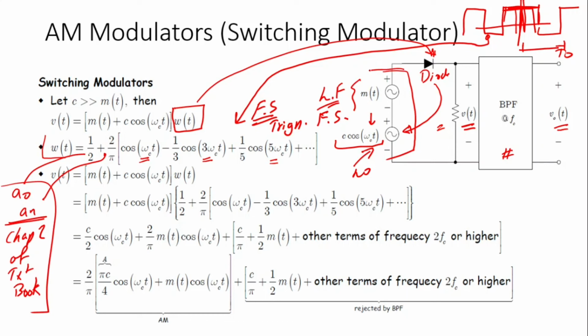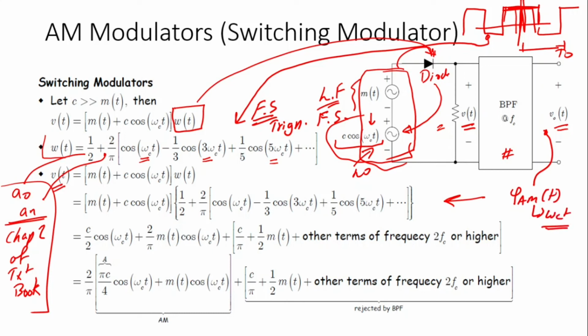So multiplying these two together with W of t would yield V of t, that is voltage across this resistor, and these are represented over here by means of this expression. So next we can extract out the signal which we want to transmit. Note that we want to transmit an AM signal at omega ct.